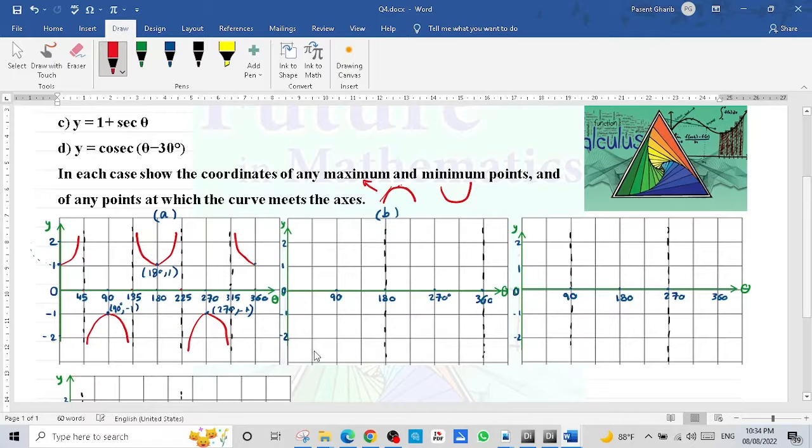What about the curve here? The curve of cosec, but this is a reflection, take care, a reflection of cosec, because it's a negative cosec. So the curve takes this position, at 90, and then here at 270.